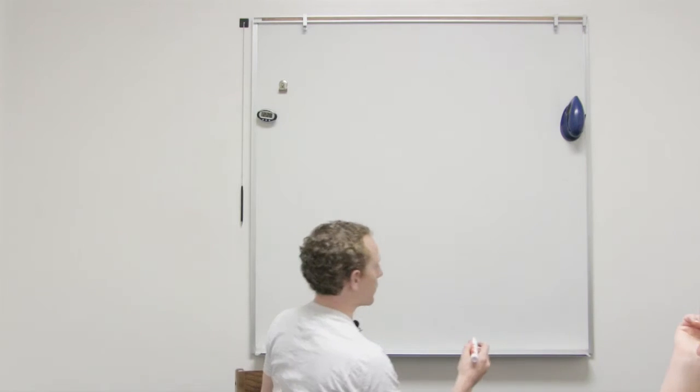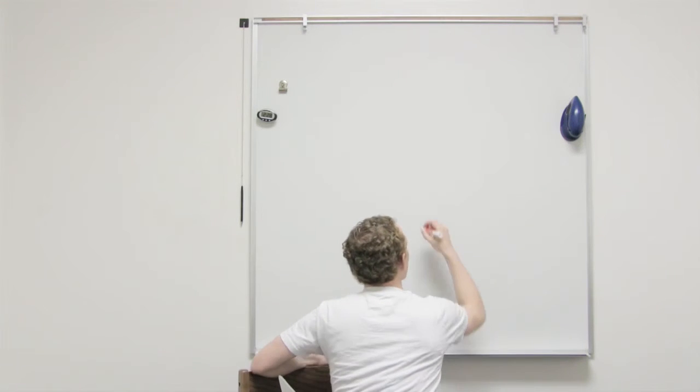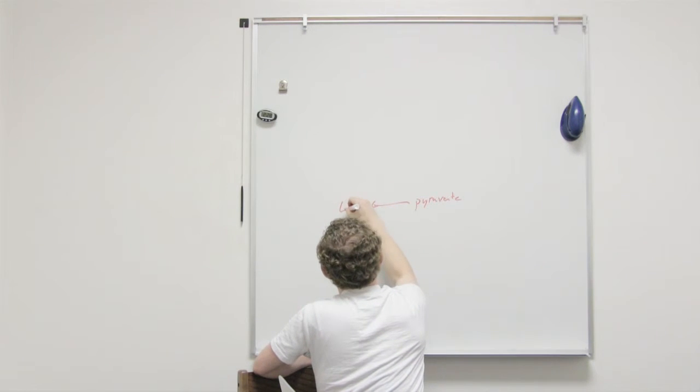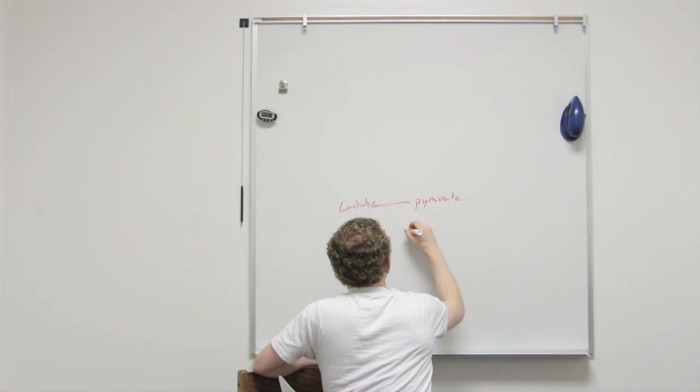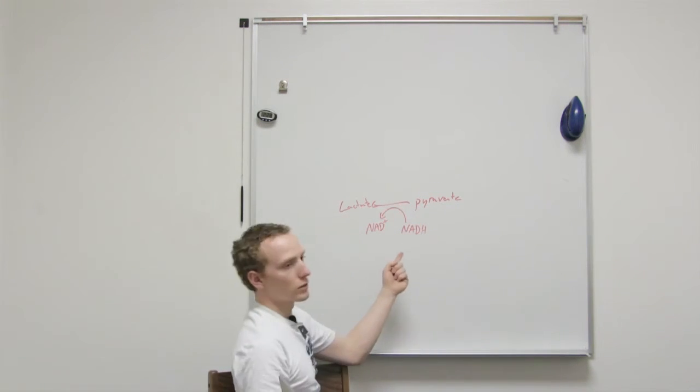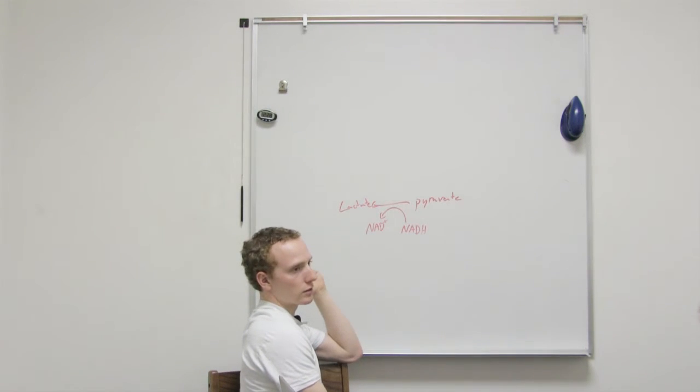Yeah. So what does the very first one say? Pyruvate will accept a proton and 2 electrons from NADH and become lactate. I only knew that because I know that pyruvate can turn into lactate, but I didn't know the whole proton, 2 electrons thing.